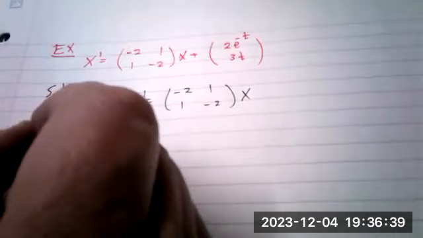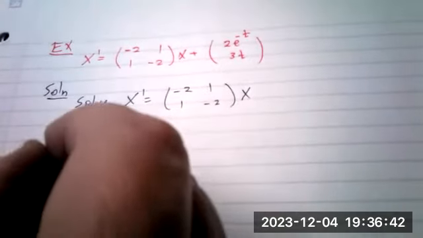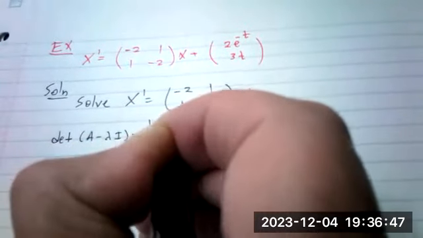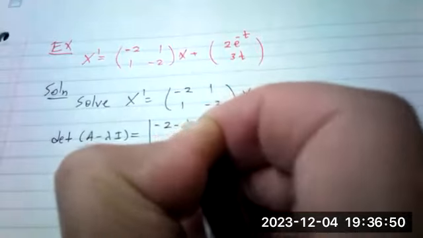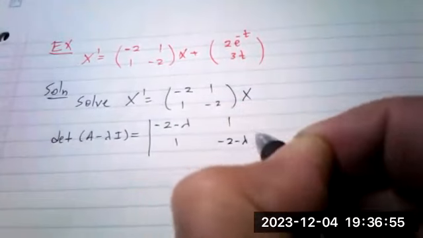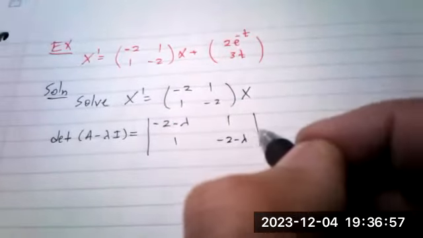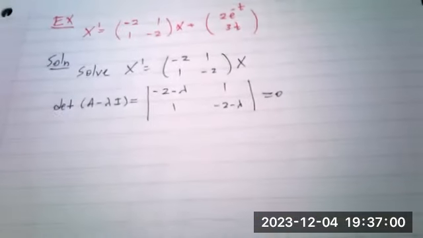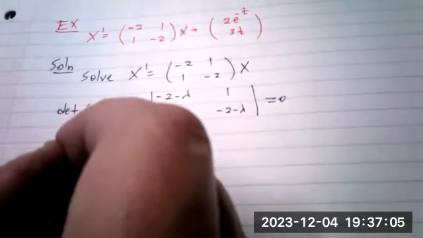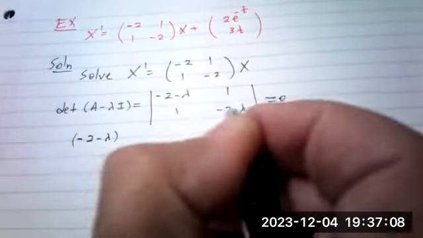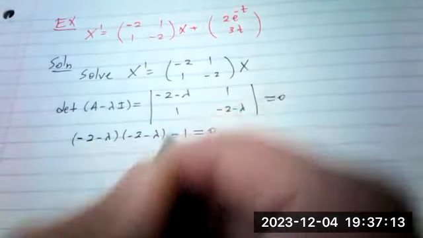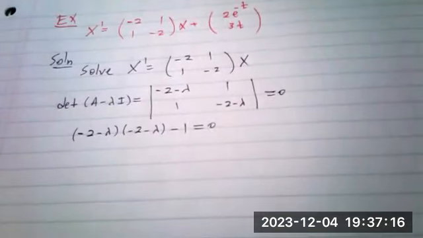So it's the determinant of A minus lambda I, which is negative 2 minus lambda, 1, 1, negative 2 minus lambda, equal to 0. Carefully cross multiply to get the determinant: negative 2 minus lambda times negative 2 minus lambda, minus 1, equal to 0.